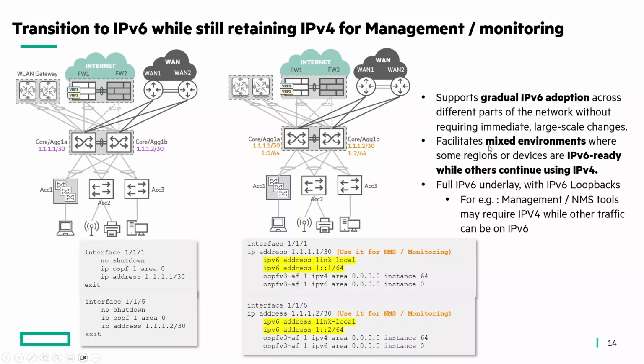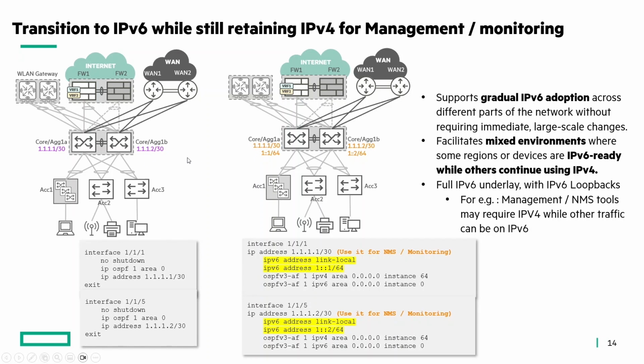And it also facilitates mixed environments where some regions or devices are IPv6 ready while others continue to still use IPv4. For example, let's have a full IPv6 underlay with IPv6 loopback handling the traffic routing, whereas the management or NMS tools may require IPv4, while the other traffic can be on IPv6. So in such cases, this is really useful.